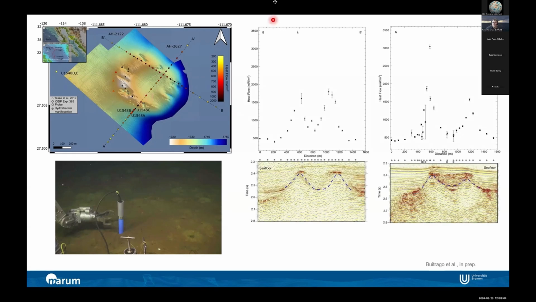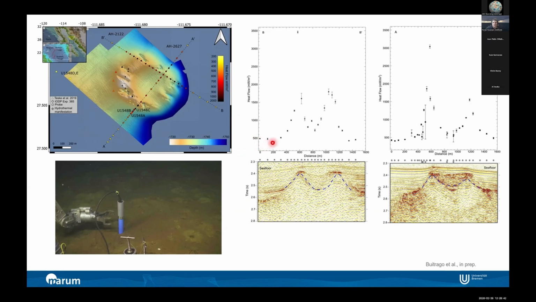The results were, on the right side, you can see the 2 profiles, B to B1, the northern part. In the lower part you can see the seismics, where I outlined in blue the sill intrusion, with the highs representing the rims of the sill intrusion, and in the upper part you can see our heat flow measurements. Away from this structure, heat flow is usually between 400 and 550 milliwatts per meter square.